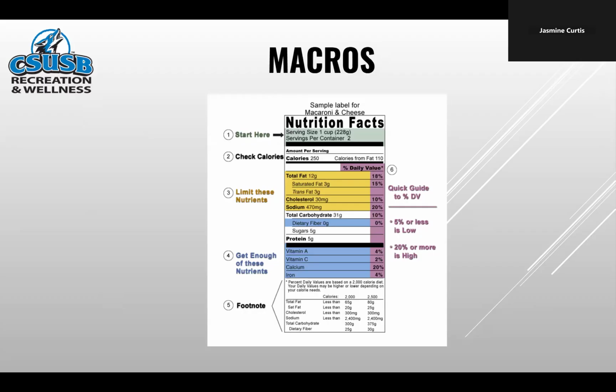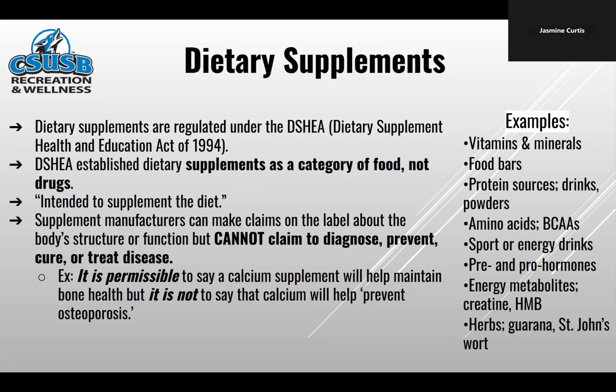Remember our recommendations were to have a certain amount of saturated and trans fats. A good thing to be aware of is looking at the cholesterol, the sodium, and the fiber. We want to make sure that we're getting enough of the nutrients in blue, the fiber and the vitamins, and we also want to check calories. And then look how the protein isn't highlighted. Isn't that crazy? All right, moving on.